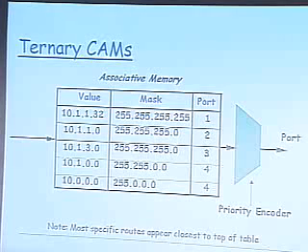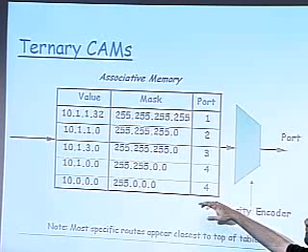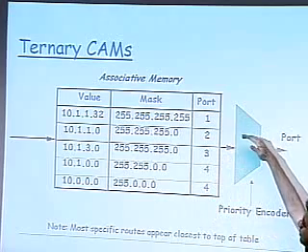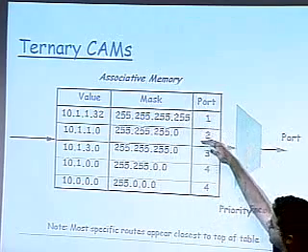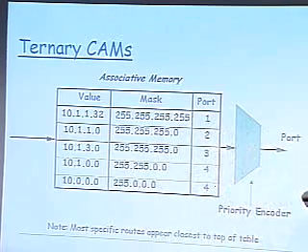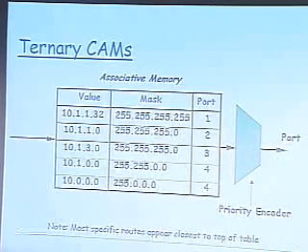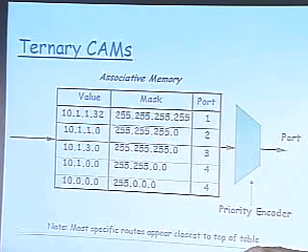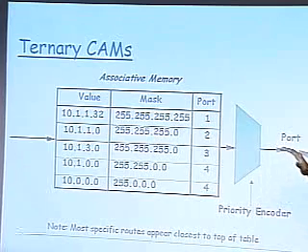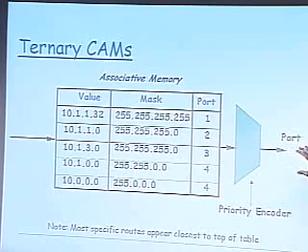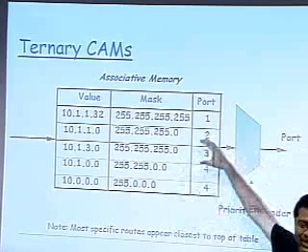So one way it's done is by using what are called ternary CAMs. The ternary CAMs, again, it's an associative memory, but the memory is arranged in the order of the longest matching prefix, or the most specific routes appear closest on top of the table, and you do your matching in parallel.